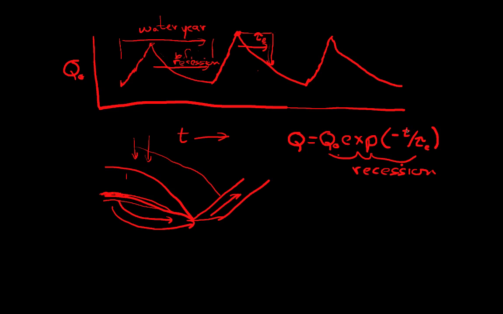So if t is equal to tau, then this is minus 1, so it's the exponent of minus 1, and the exponent of minus 1 is 0.368. So after one time constant, the flow is down to 0.368 of its initial flow. After two time constants, it would be exponent of minus 2, and so forth.